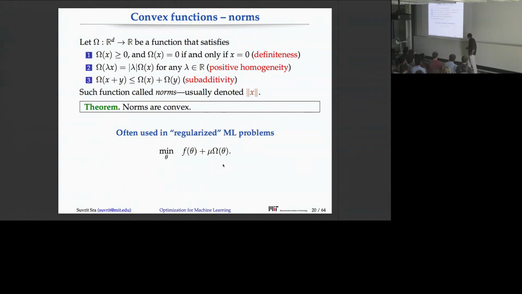Okay. And the reason I mention this to you, often they come up when solving machine learning problems where instead of just f of theta, you have a regularized model where you add some additional cost function.